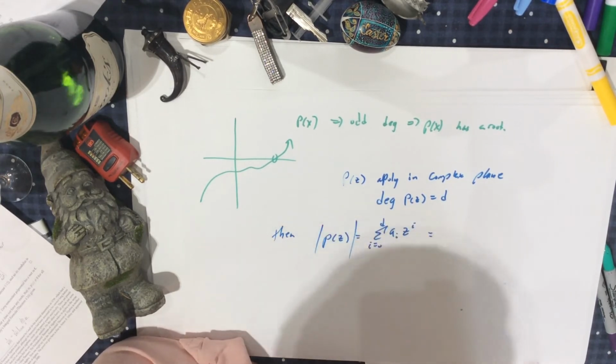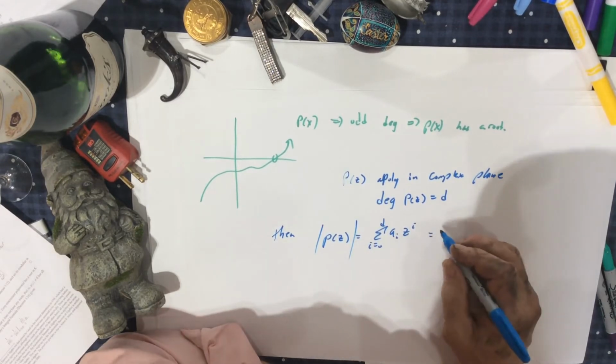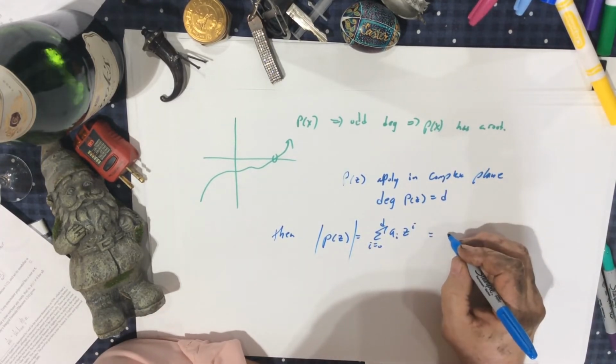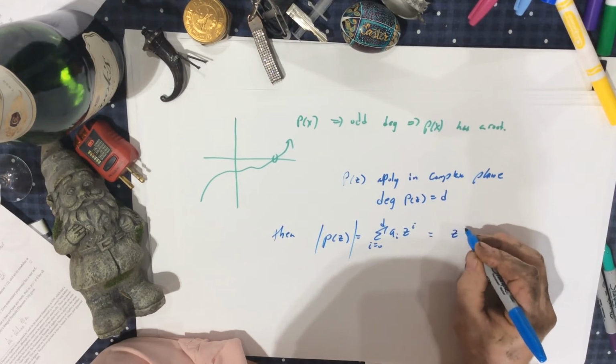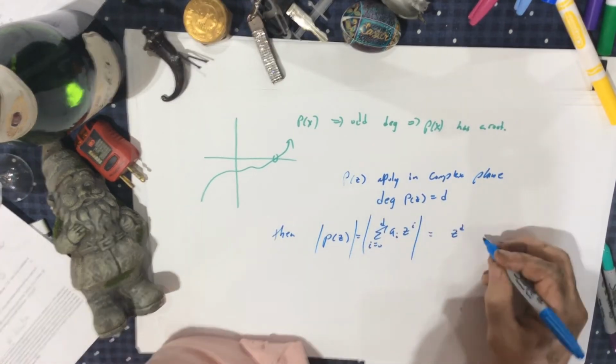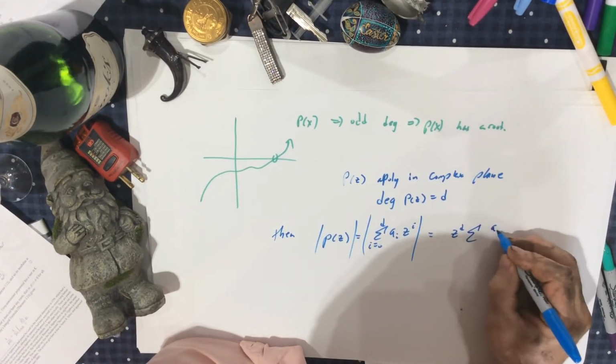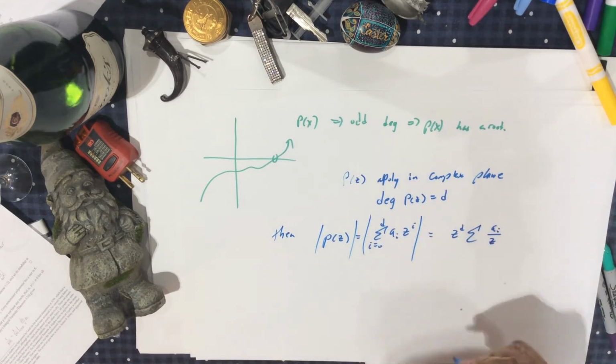And then I'm going to take the modulus of this and observe that I can do the following trick. First, I'm going to pull out z to the d from this expression. And so that means I am going to force powers in the bottom.